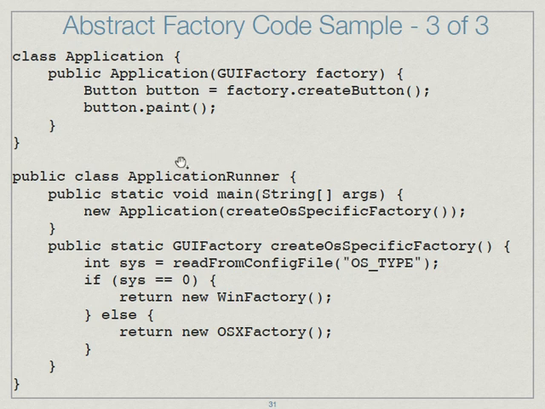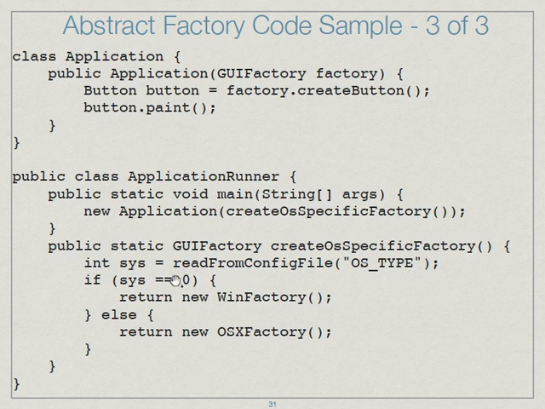So now, this part, if we have to switch our app from Windows to OS X, all we need to change is these two lines. Okay, so I read from the config file to find out what the OS type is.